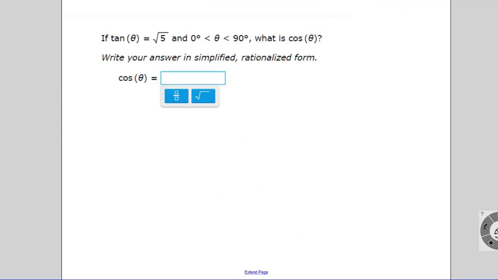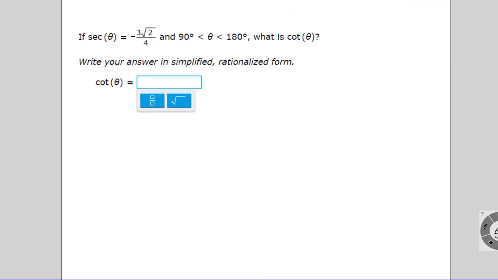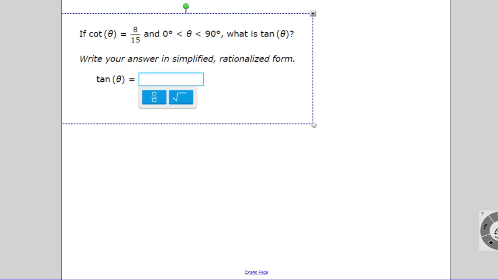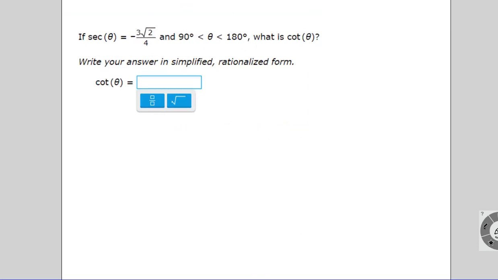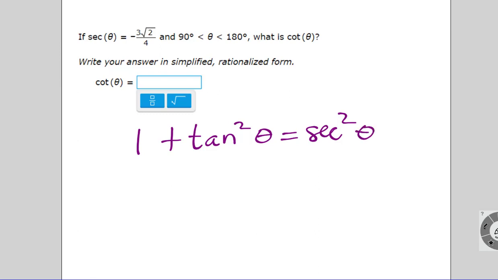All right. Okay, let's maybe do one more. Then you'll have some time to work on this on your own. Let's do, I guess we'll do this one. All right, so we got secant theta again. They want us to figure out what cotangent theta is. So we're going to use that same connection that we just looked at. 1 plus tangent squared theta equals secant squared theta.